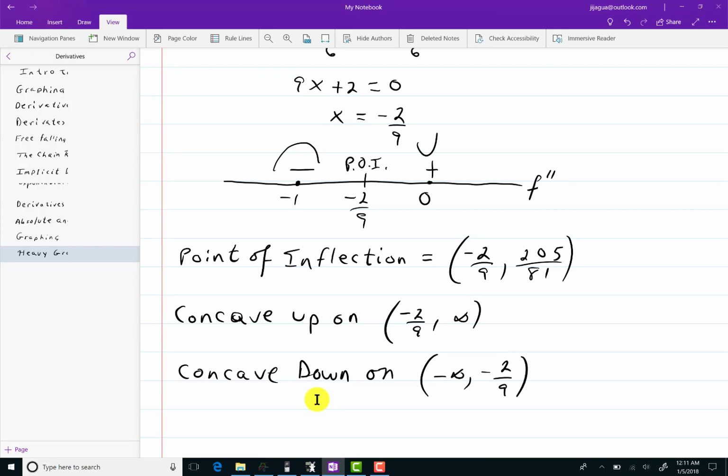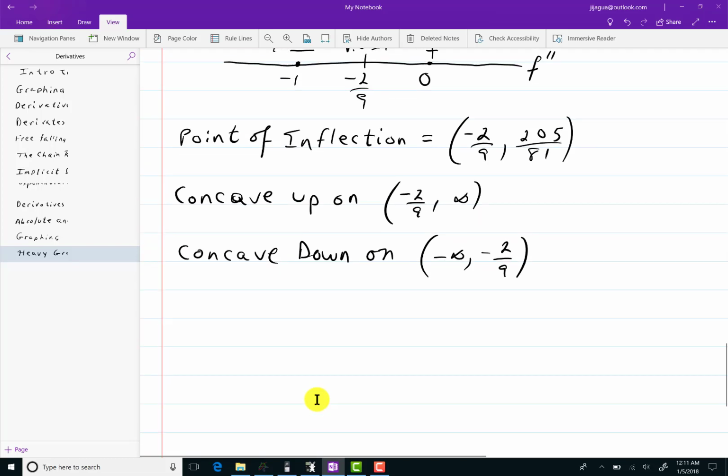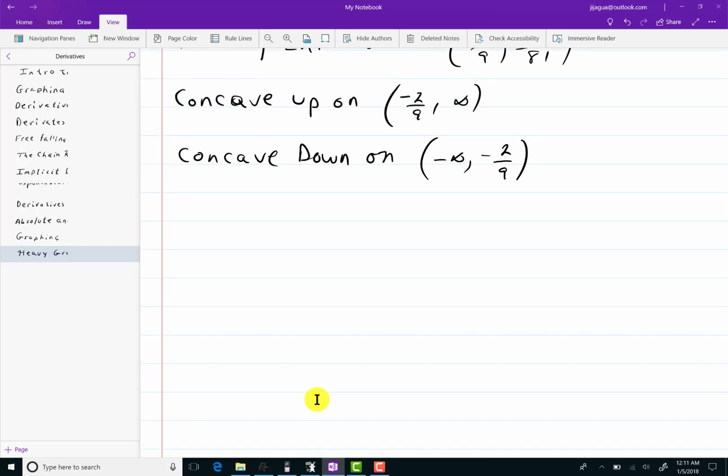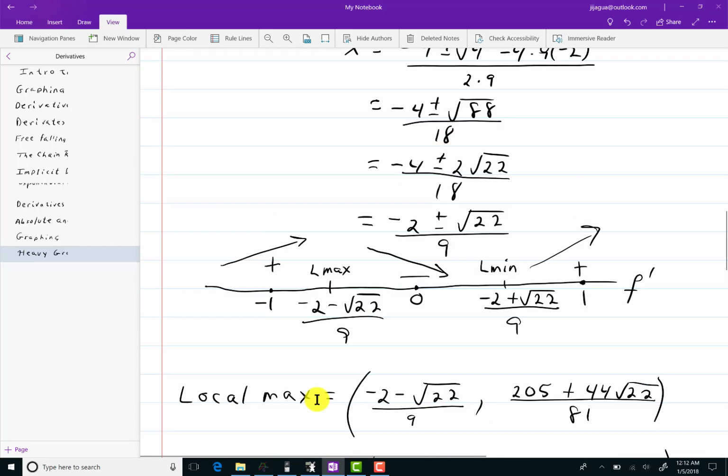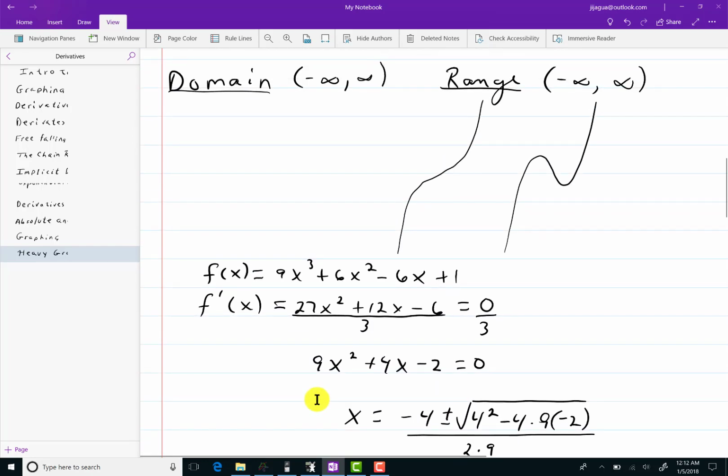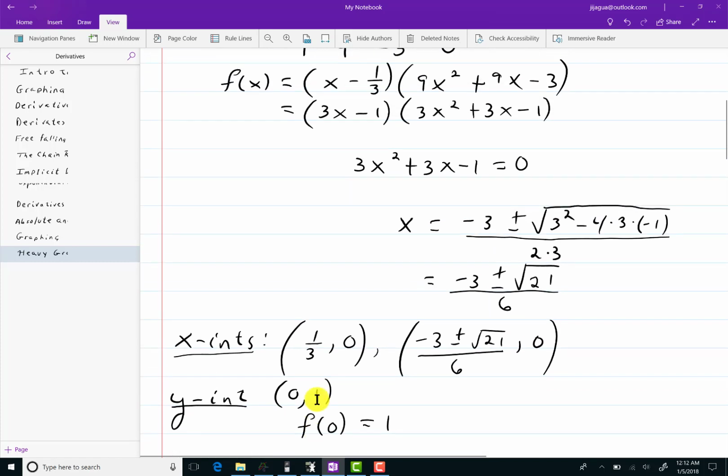The last thing I want to do is draw a graph of it. What I'll do is let me draw just a rough sketch of the thing before I bring in a computer generated one. And I had this here, which is negative 2. What was that? 0. Let's go back all the way to the top. There it is.